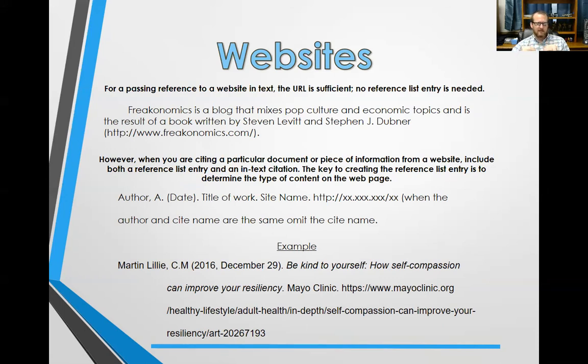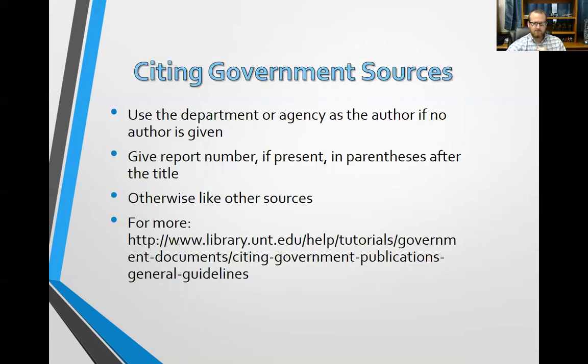But if you're using it as a source, you will cite it in your reference list, and that is how it is going to look. So again, it looks a little bit different than your normal citation, but most of these citations follow a very similar pattern, and that should be becoming pretty obvious, I should say.